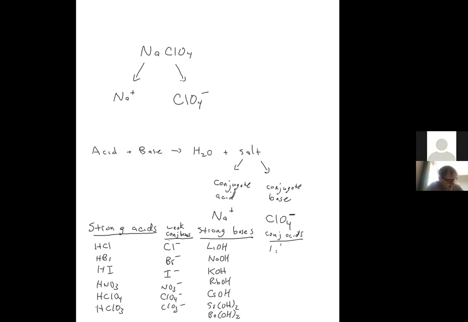Li plus, Na plus, K plus, Rb plus, Cs plus, Sr 2 plus, and Ba 2 plus. These are going to be very weak. So here's the way you can approach this. We have a sodium ion. That is the conjugate acid of a strong base. So it is very weak, and does not have much effect on acidity.